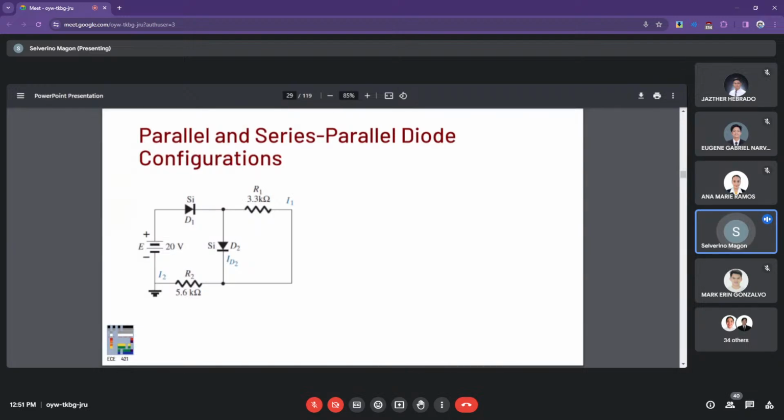Similarly, we can solve for the value of voltage drop across R2, your 5.6K, by having the supply 20 volts minus the two silicon diodes, 0.7 and 0.7. So the VR2 will be equivalent to 18.6, no? So that's 20 minus 0.7 minus another 0.7.